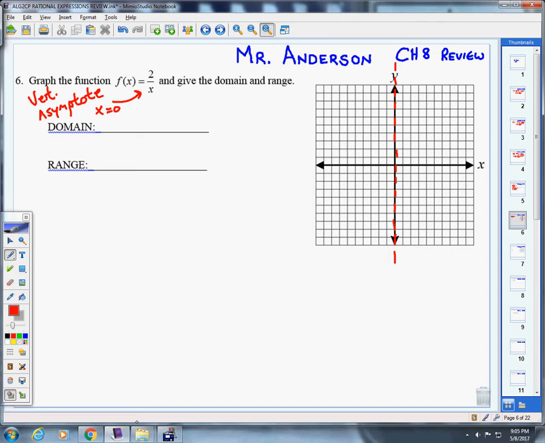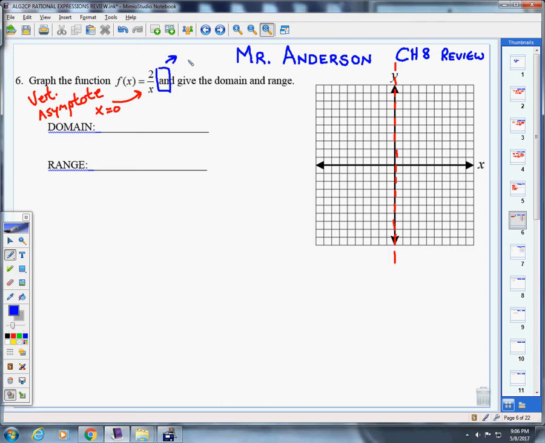This is a line that my function gets really, really close to, but never touches. And a horizontal asymptote right out here. We're not shifting this graph up or down. You can think of it as 2 over x plus 0. There's nothing out here that's shifting this graph up or down.